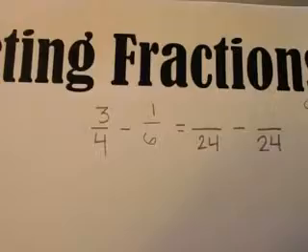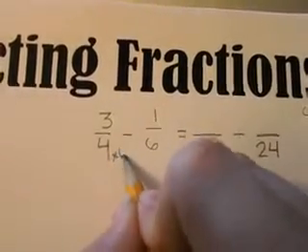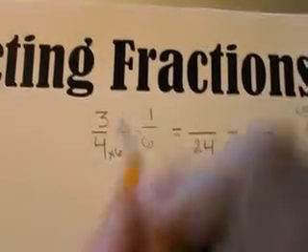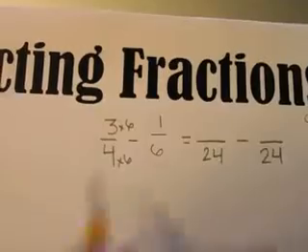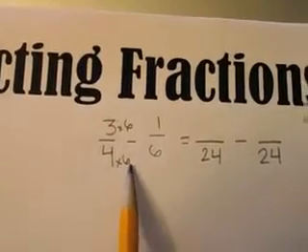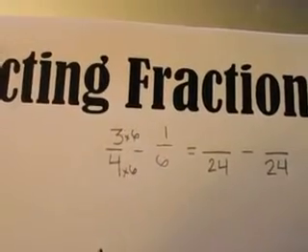But just like when we're adding fractions, if you multiply the denominator by a number, you also have to multiply the numerator by the same number. So if I had to multiply 4 by 6 to get to 24, I also have to multiply 3 by 6.